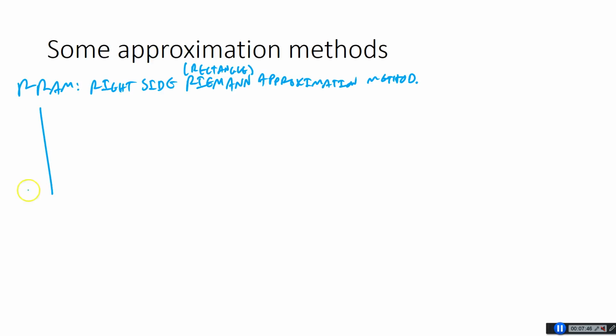So to do that, if you have any function, looks something like this maybe, what you do is you divide it into any number of intervals. Sometimes they tell you to use even intervals. Sometimes they give you a table or something and the intervals are not even. But what you're going to do is run the right side of each interval up to the curve.